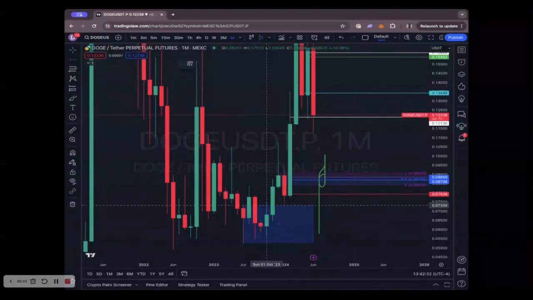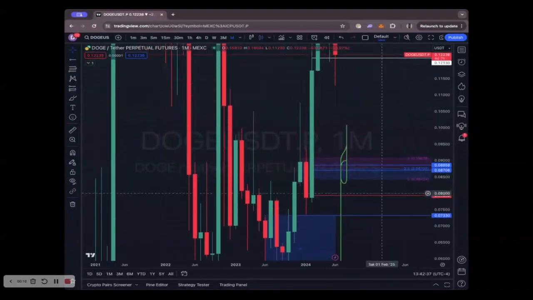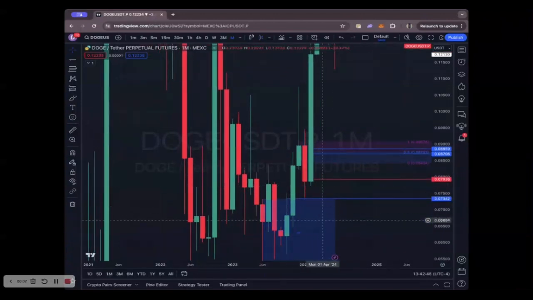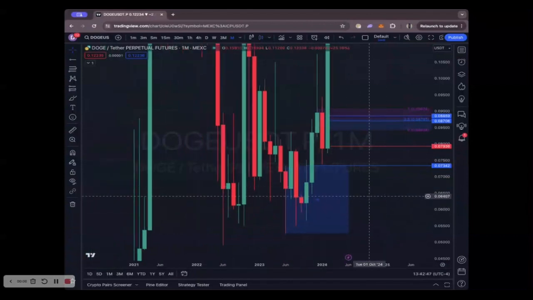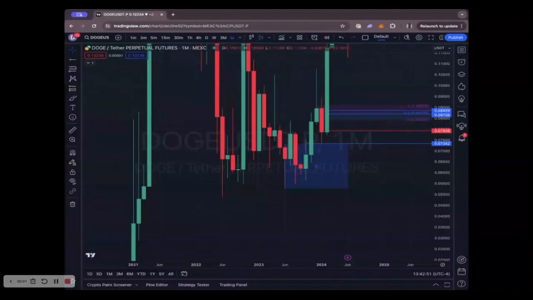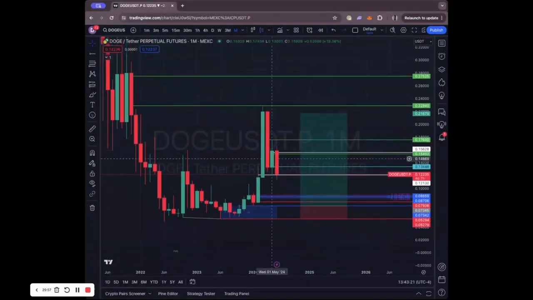So if you want to be absolutely crazy, and I might do this myself because I'm pretty crazy, set a limit down here, because this low never tapped this monthly OB, and this is near this range low. Your SMR could be a good entry reference point.